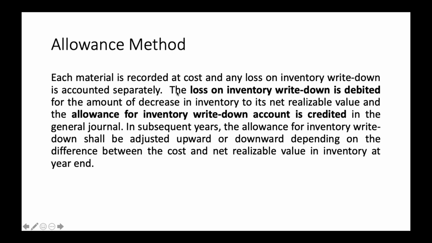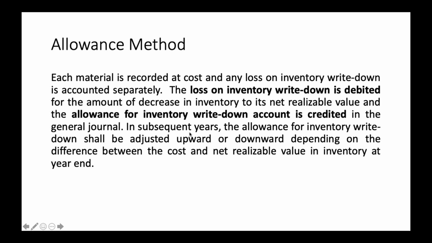Unlike in allowance method, each material is recorded at cost and any loss on inventory write-down is accounted separately. So meaning we have to recognize a loss on inventory write-down that is debited for the amount of decrease in inventory to its net realizable value, and an allowance for inventory write-down account is credited.